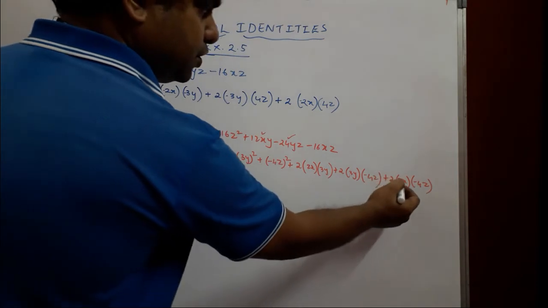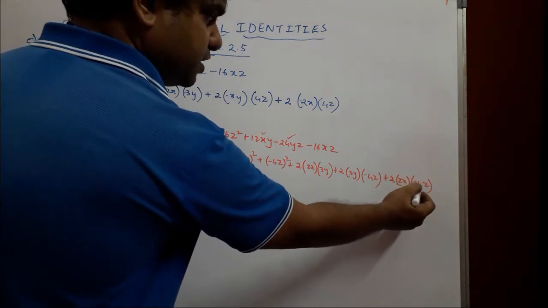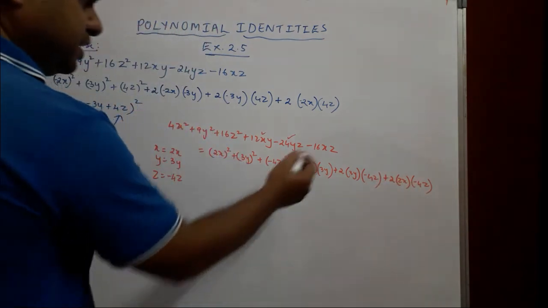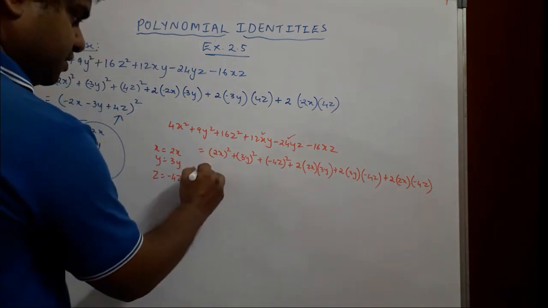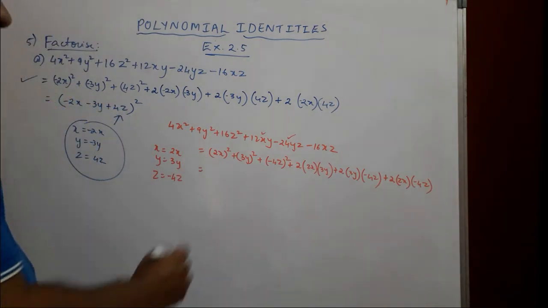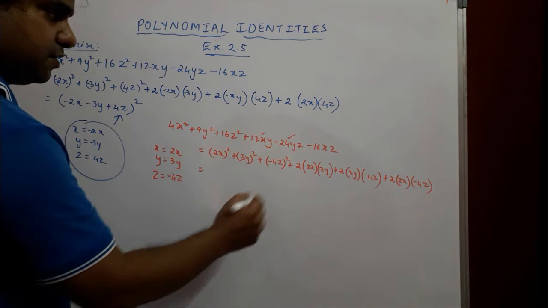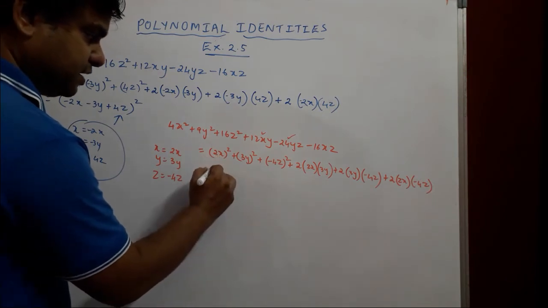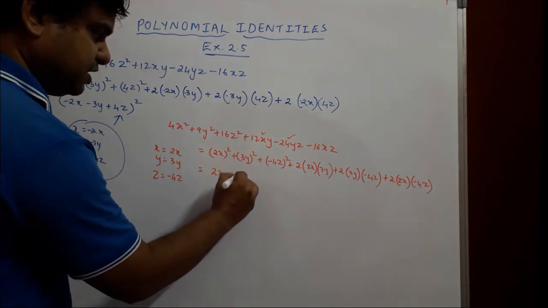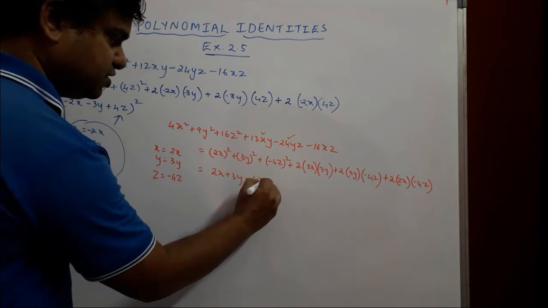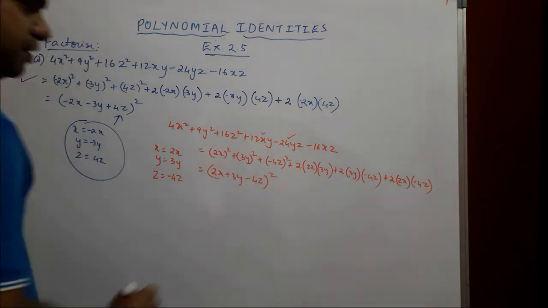So that would be 2 into 2 is 4, 4 into minus 4 is 16, minus 16xz, right? So in this case, we can write this entire thing as 2x plus 3y minus 4z whole square.